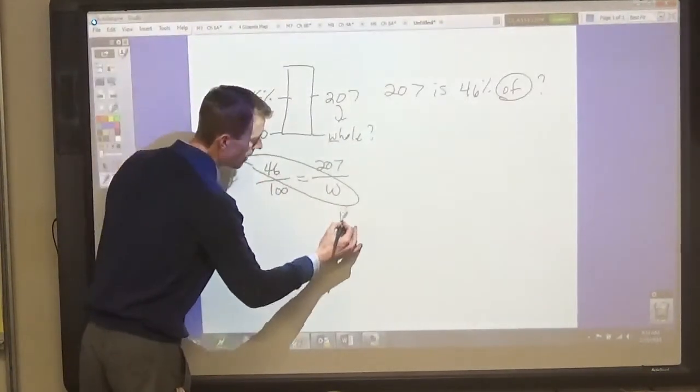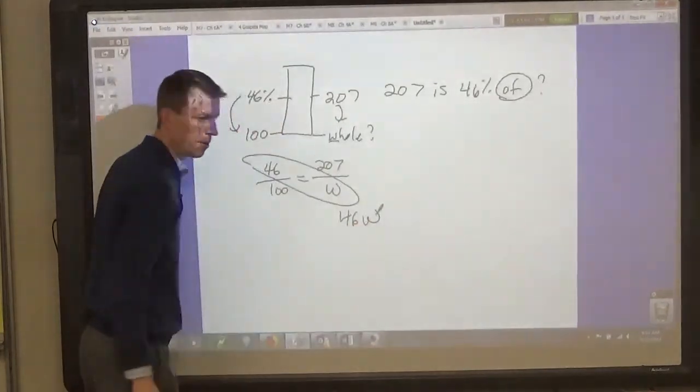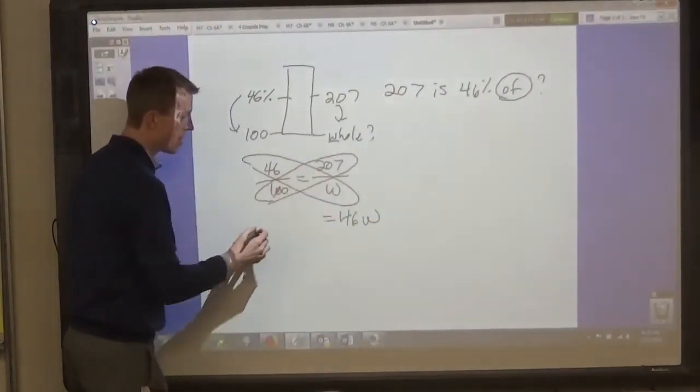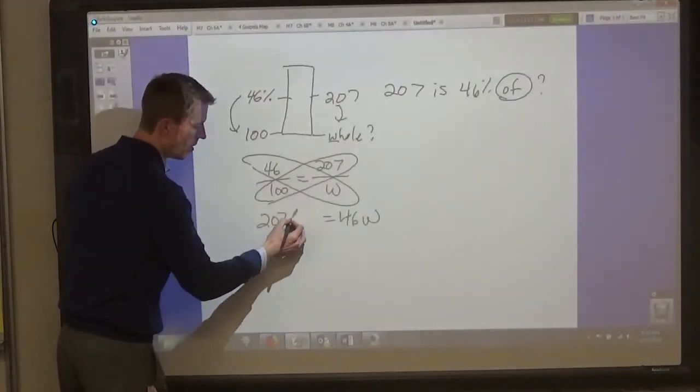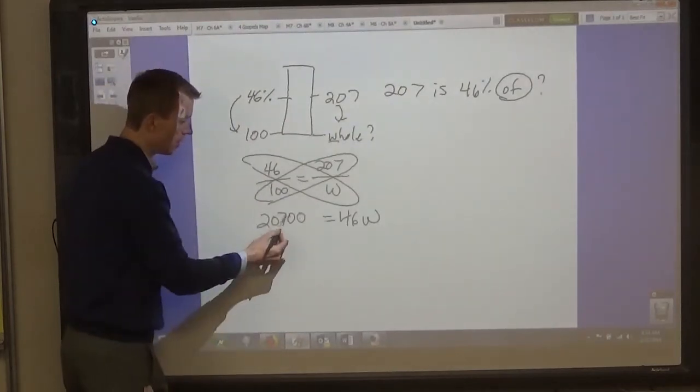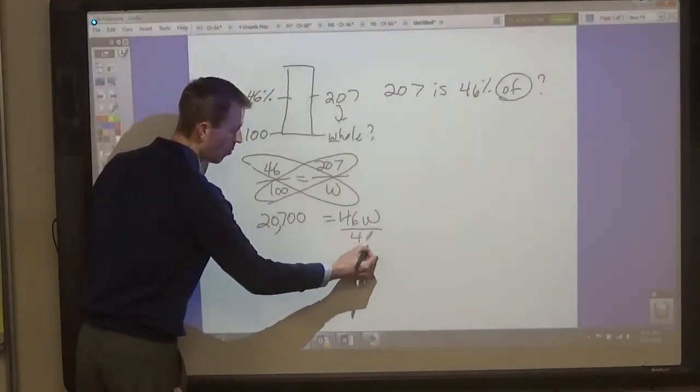So then 46 times W is equal to 207 hundredths. So 20,700 divided by 46.